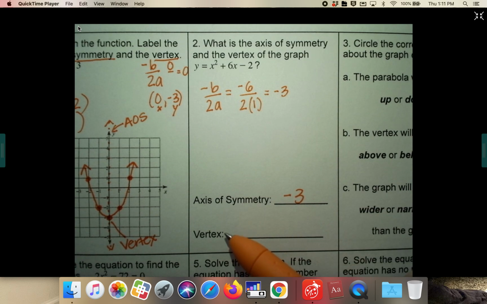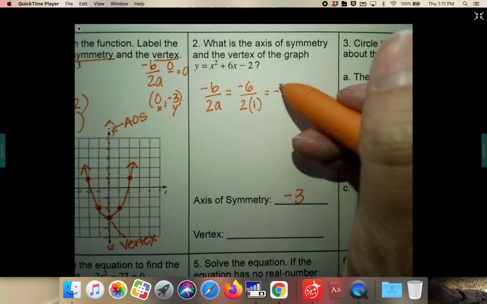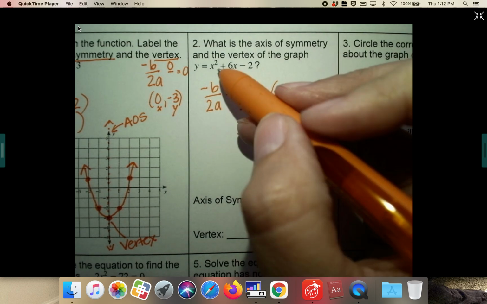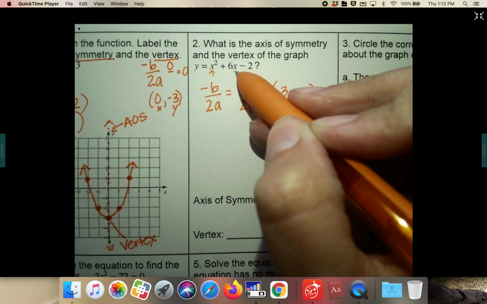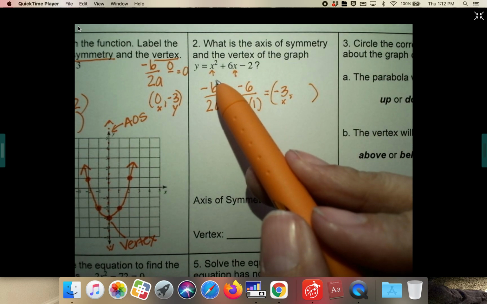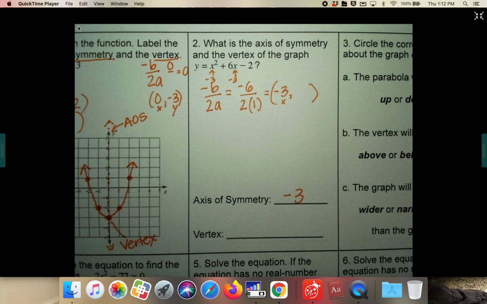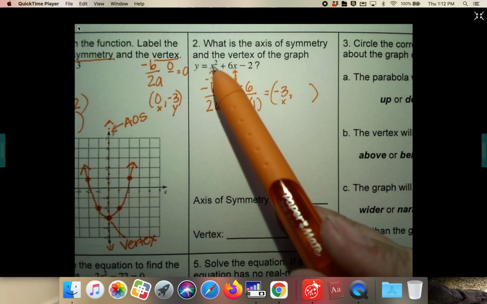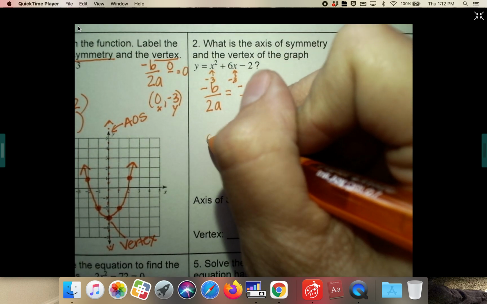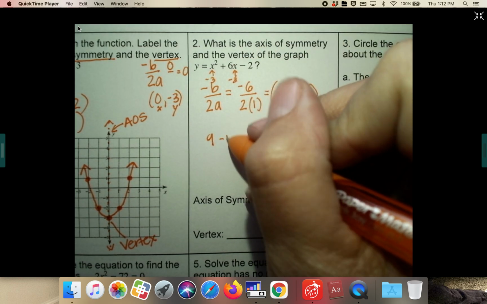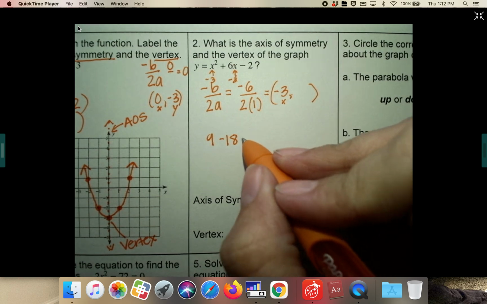And I know in order to get a vertex, I'm going to take that negative 3 and plug it in for x, here and here. Be sure you plug it into all of the x's. That's going to be negative 3 and that's going to be negative 3. So negative 3 squared is 9. 6 times negative 3 is negative 18. And then I've got a minus 2.